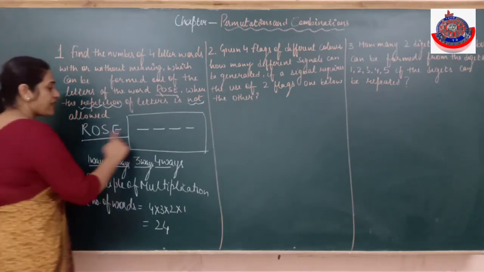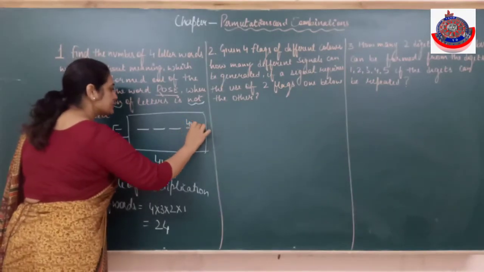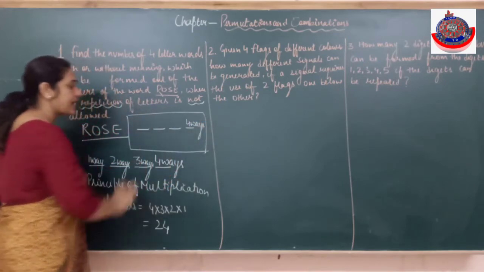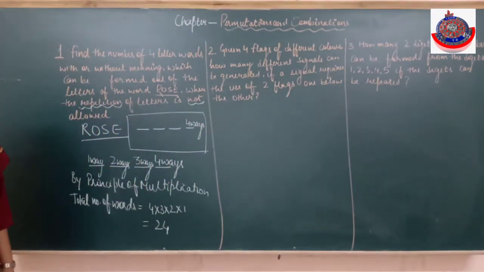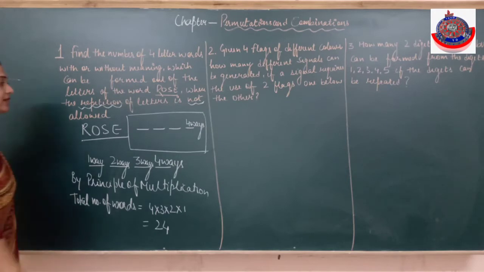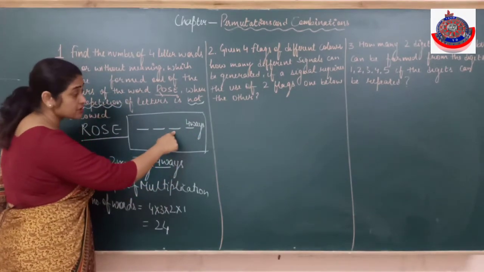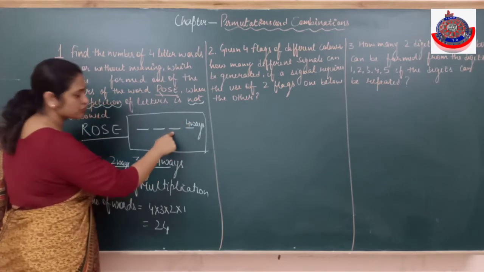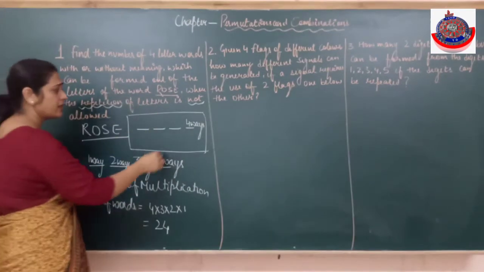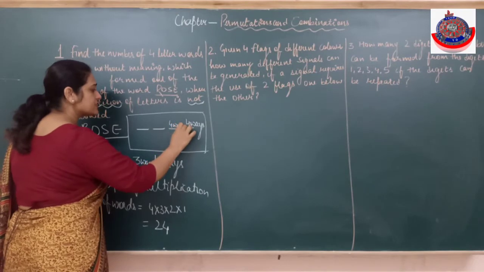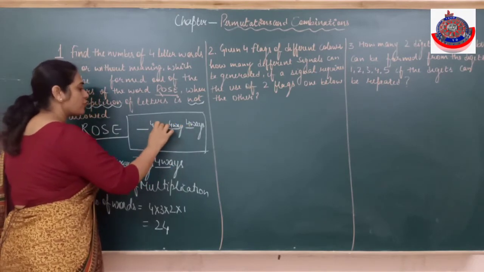So if I fill this in 4 ways, I can fill this in 4 ways. Clear? Repetition is allowed, so if I put R here, I can put any letter here also, even the same letter. So this also can be done in 4 ways. This also can be done in 4 ways.